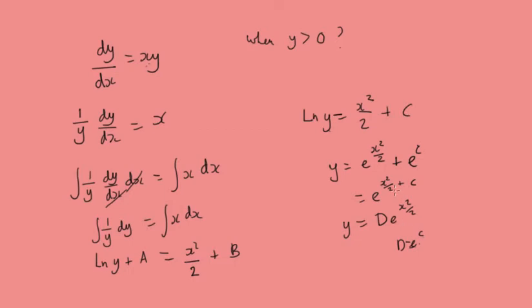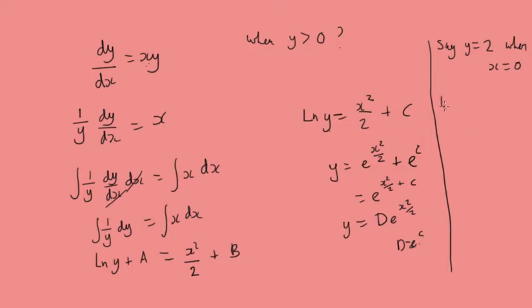Now, this is our general form. So let's say that y equals 2 when x equals 0. So we can put these in.